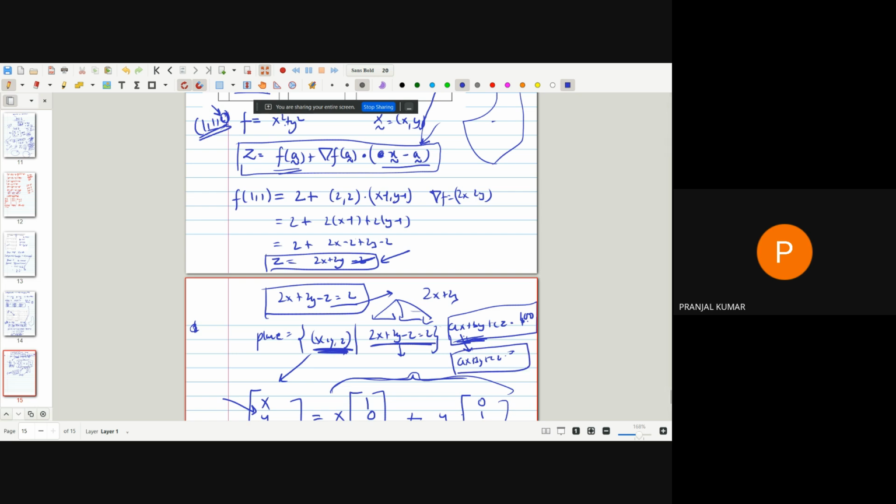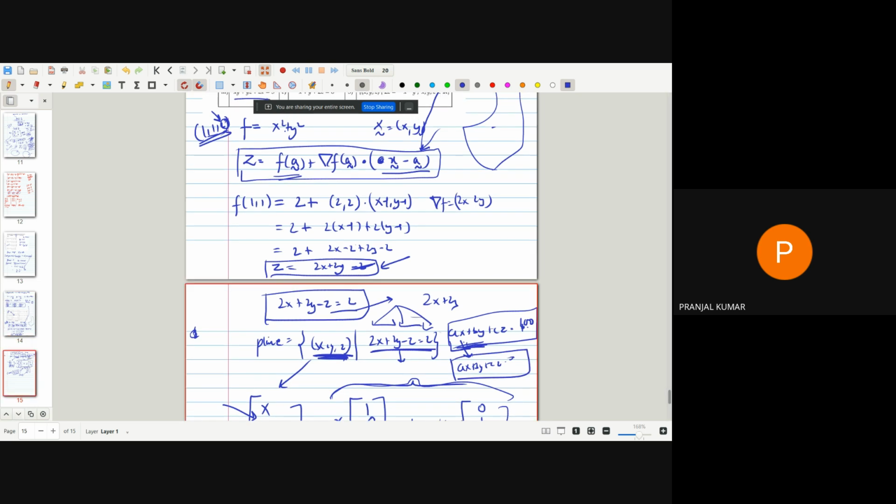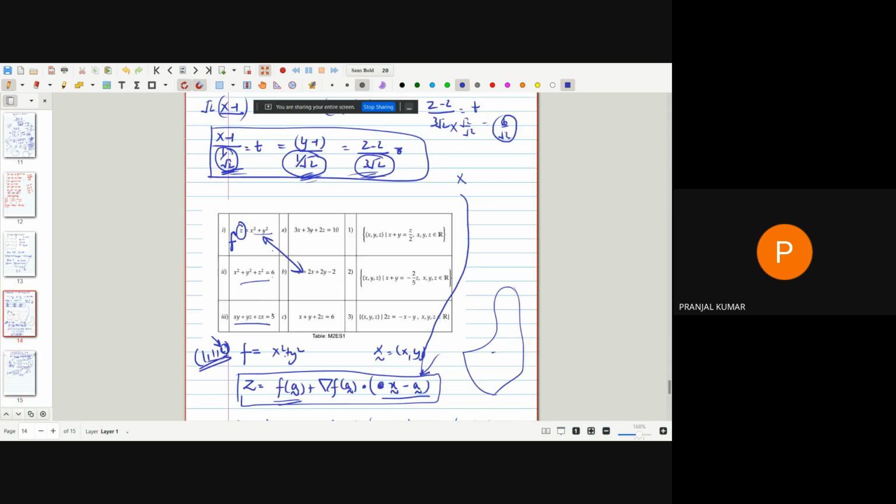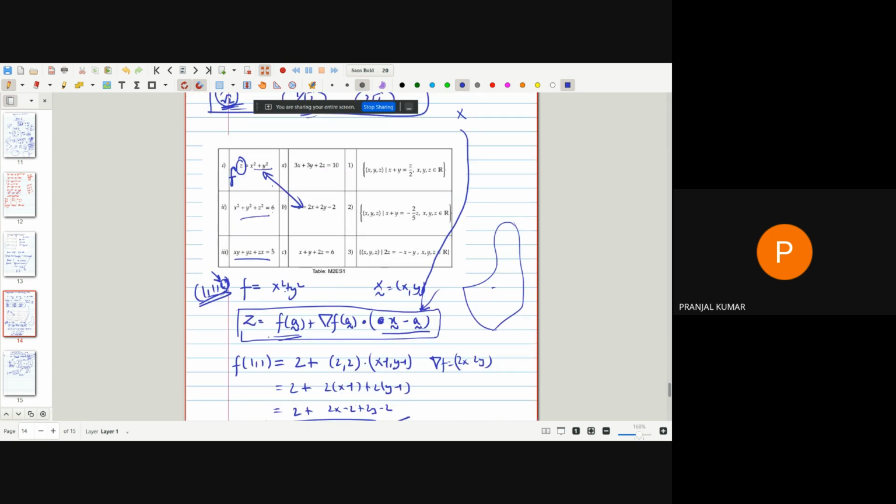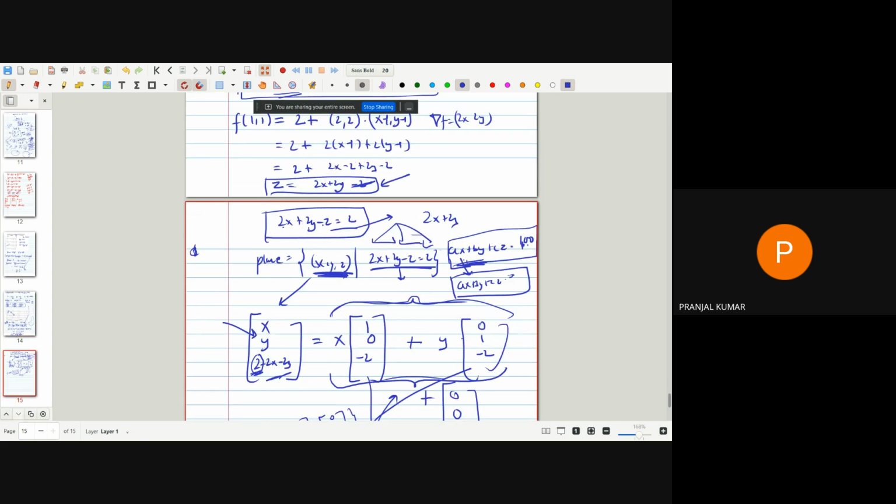Is this clear? So you can directly write 2x plus 2y minus z is equal to 0. Just note it. Again, they have written it like this, so see where it matches. You have to just manipulate it.